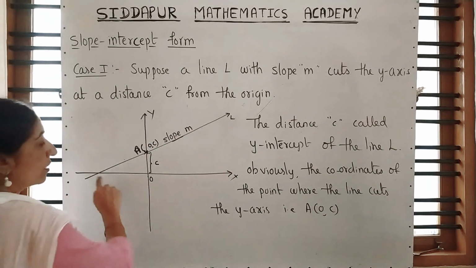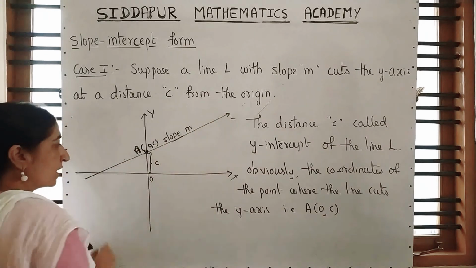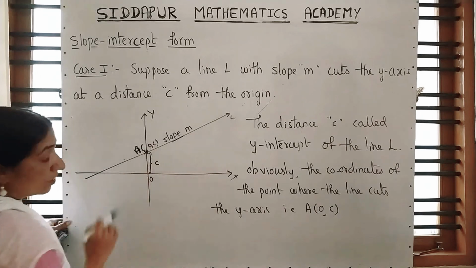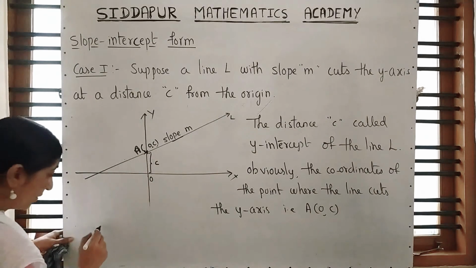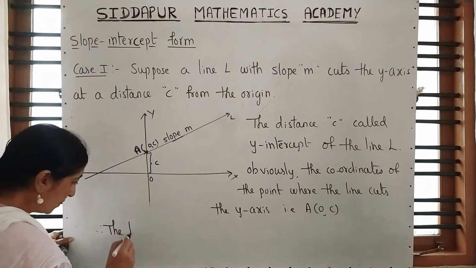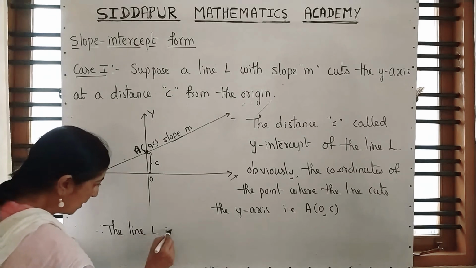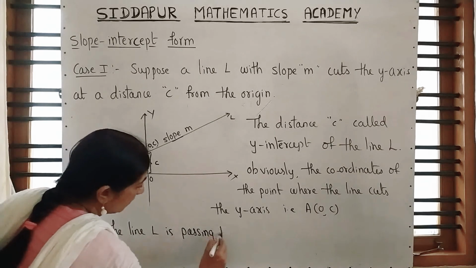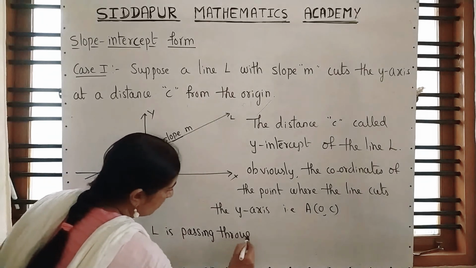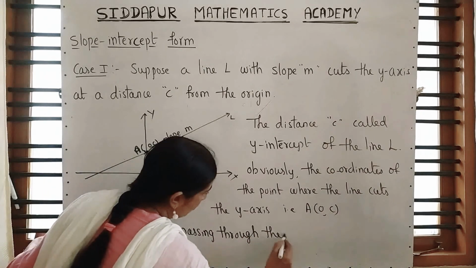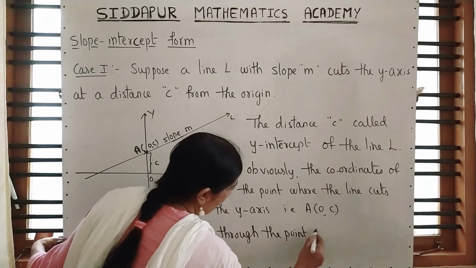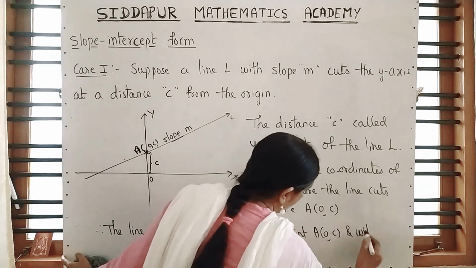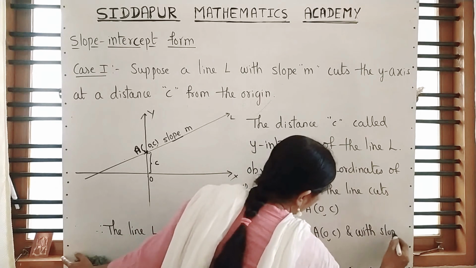Now what you got? Therefore the line L is passing through the point A, 0, c and with slope m.